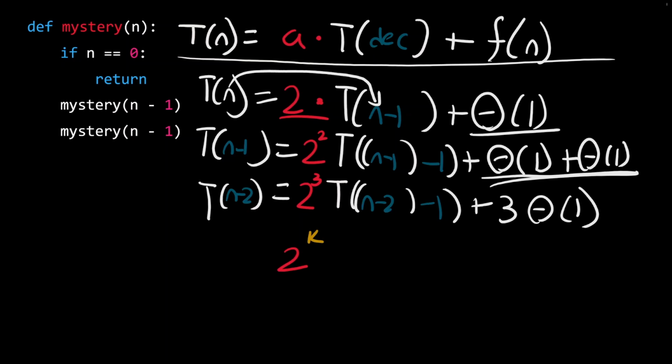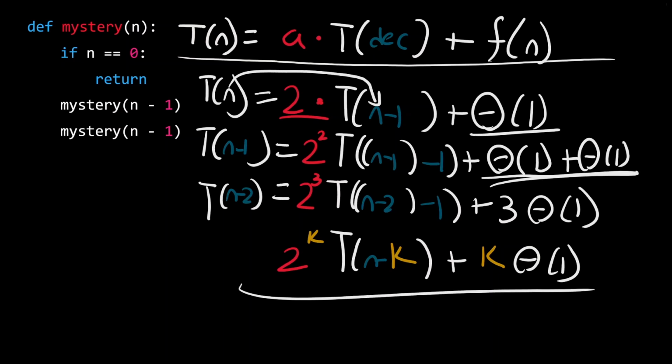And then this T has the negative 1 incrementation over and over again, so it's going to be T of n minus k, representing the accumulation of all those 1s. And then plus k times theta of 1. So this is our general form.